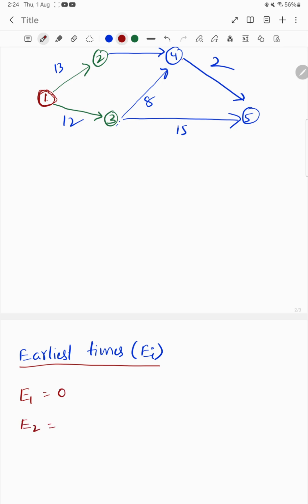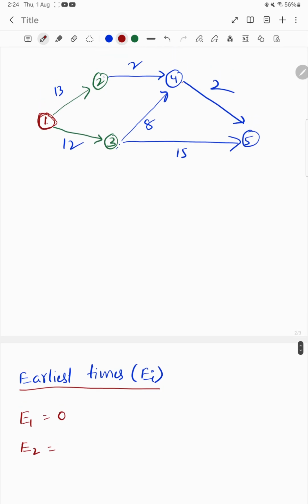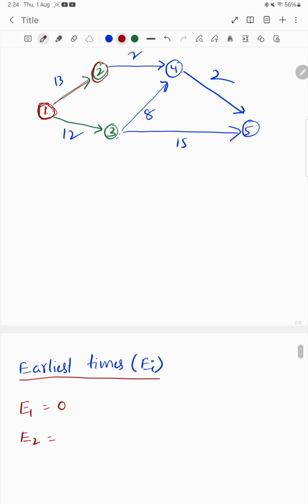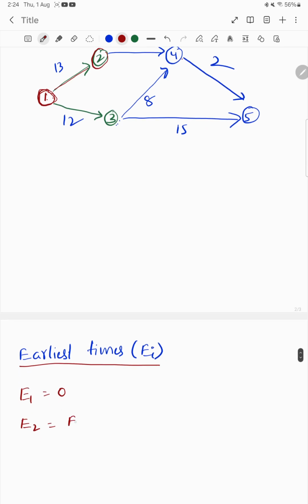To reach 2 we need to start from 1 and cover this duration, so E2 is E1 plus the duration from 1 to 2. That implies E1 means 0 plus 13, so E2 is 13.